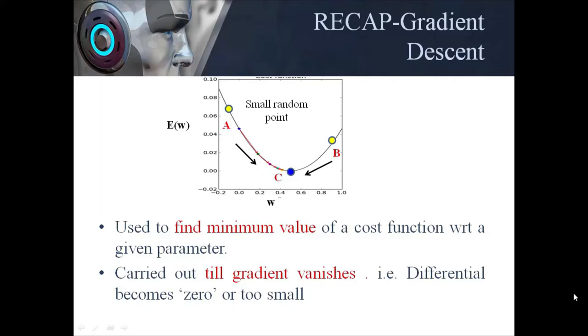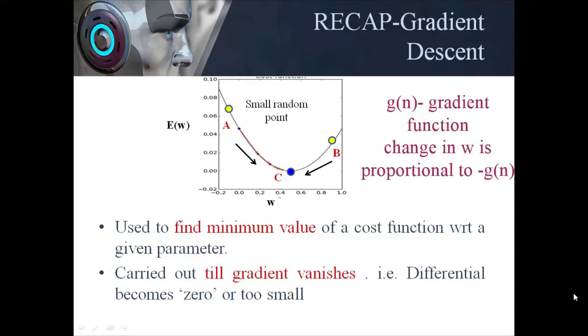Normally the gradient always leads to an increase in the cost function, and so the algorithm always changes the parameter in the direction opposite to the gradient.